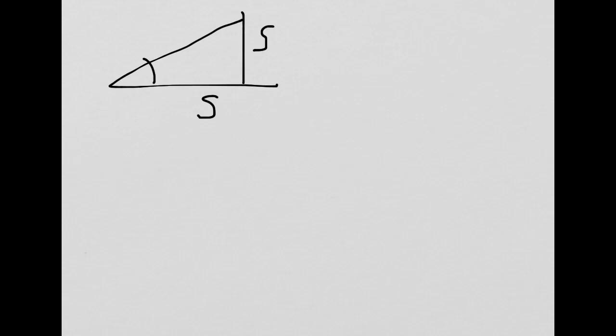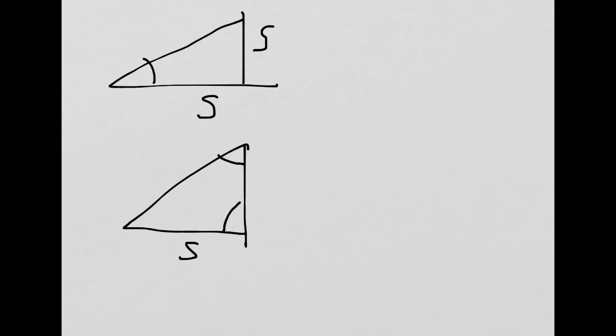Also, if you have the same triangle here, and you know this angle and this angle, and you know this side, so you know two angles and a side, again you're going to use the law of sines.